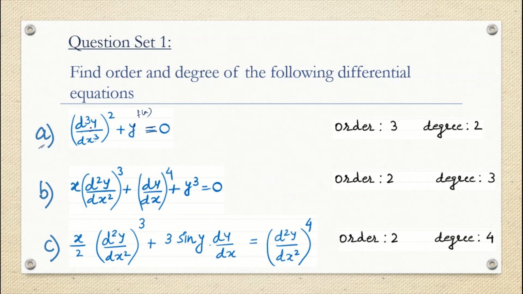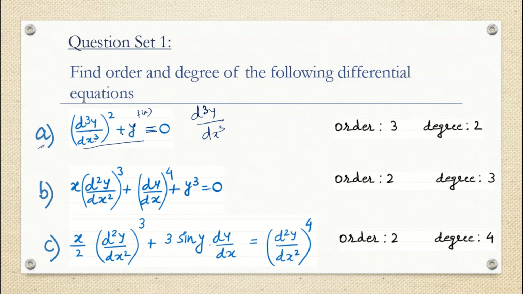The definition of order is that the highest derivative in the differential equation is the order. In this question only one term contains a derivative, and this derivative is d³y by dx³, which is a derivative of order 3.